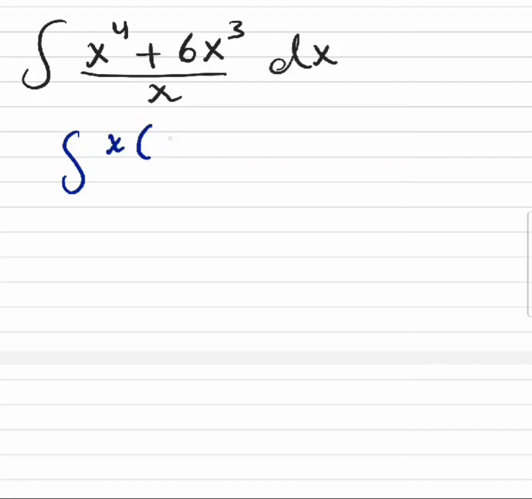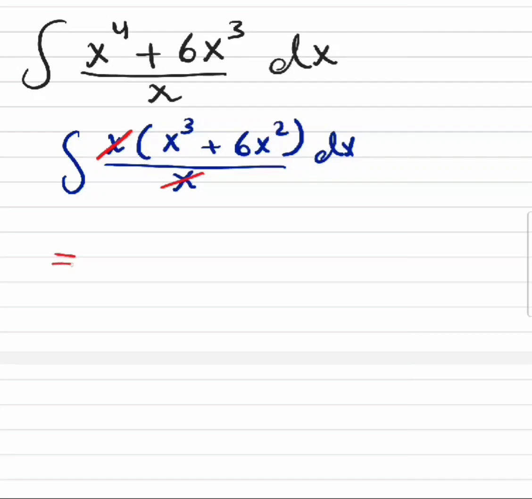So x to the 4th divided by x is x cubed. 6x cubed divided by x is 6x squared. And now, as you can see, it's fairly easy to find the antiderivative.